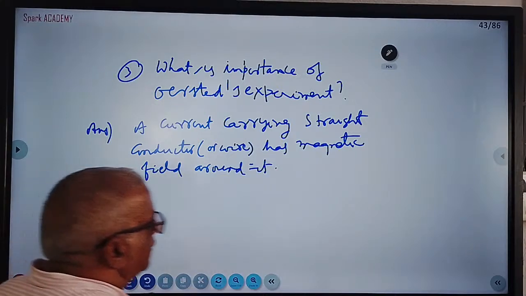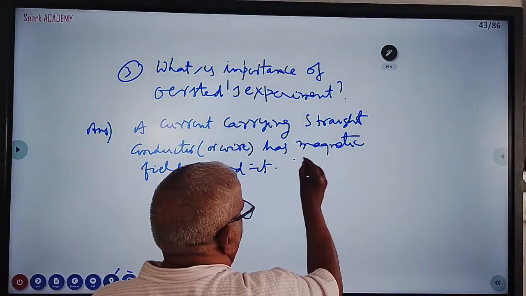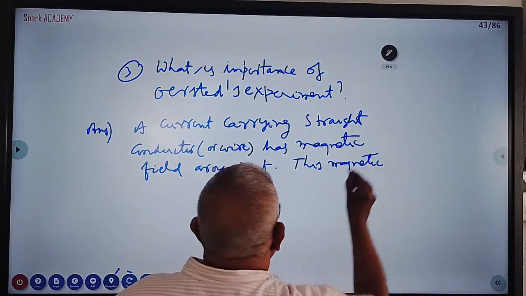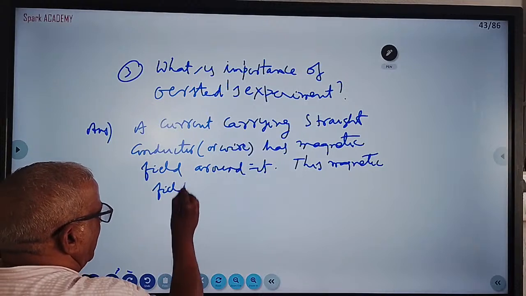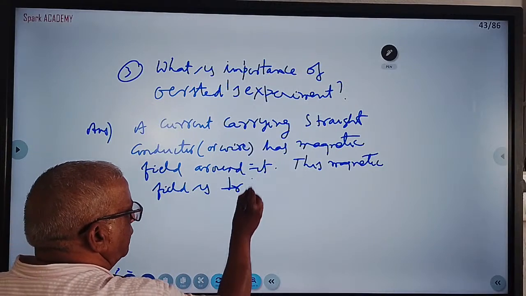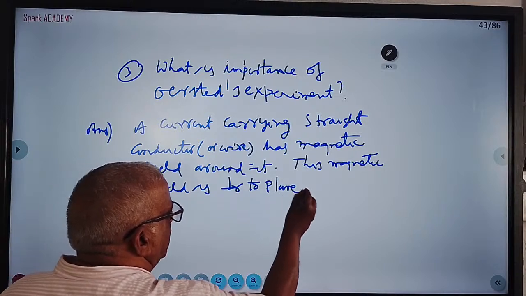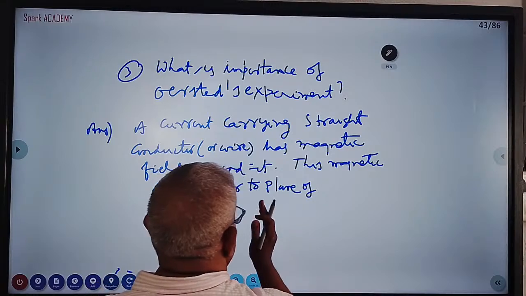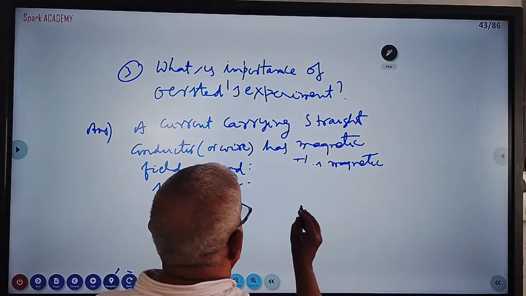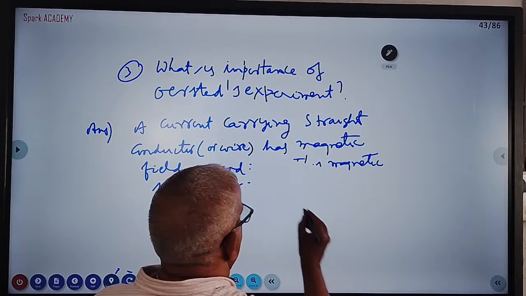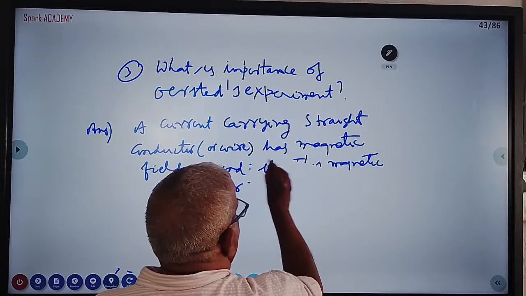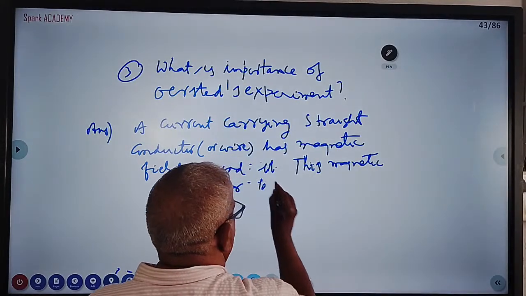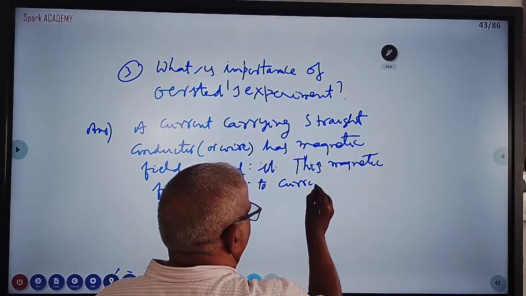This magnetic field is perpendicular to the current carrying conductor, perpendicular to the plane of the conductor.